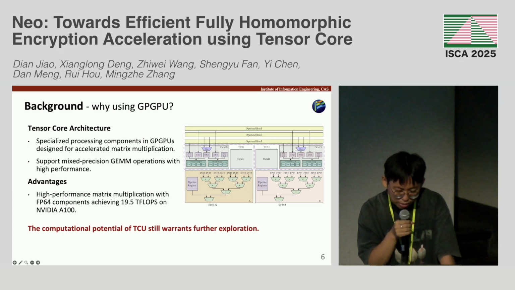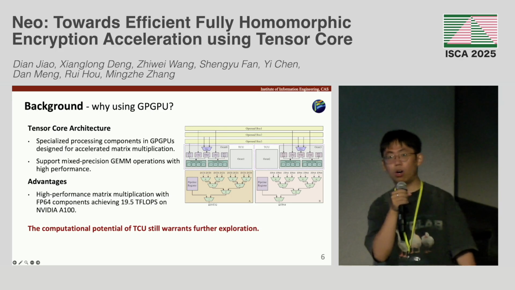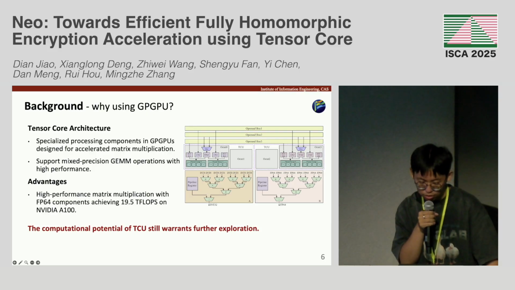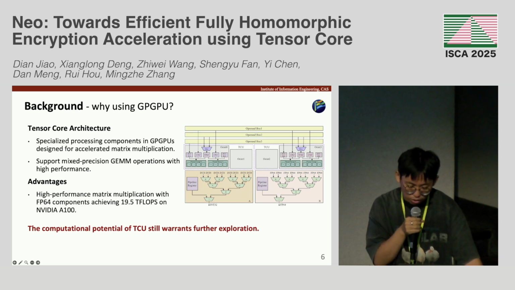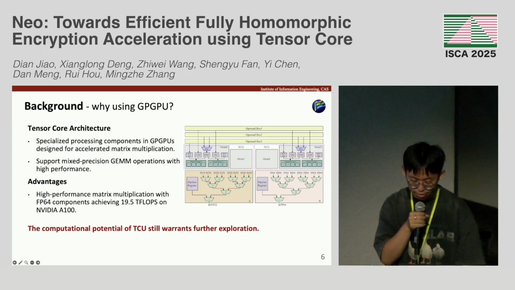However, existing GPGPU-based solutions like TensorFHE fall short in utilizing Tensor Cores, especially the floating point components. This underutilization is precisely what NIO aims to address.